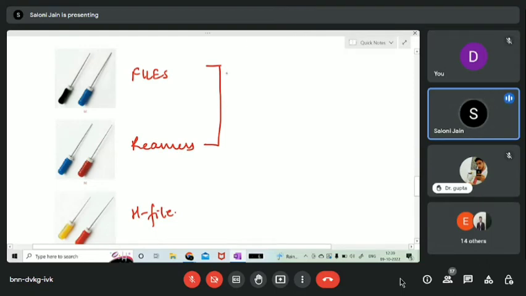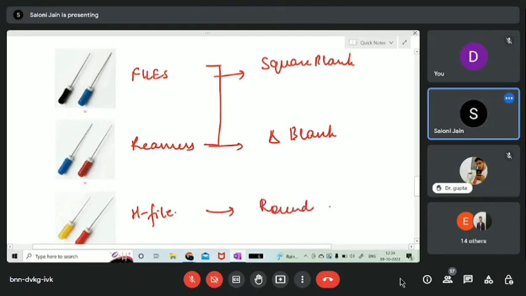This is a manufacturing thing: files have got a square blank at the time of manufacturing, while reamers have got a triangular blank. And if you talk about H files, then they have got a round blank. So this is one differentiating point between a file and a reamer: this has got a square blank, this has got a triangular blank.